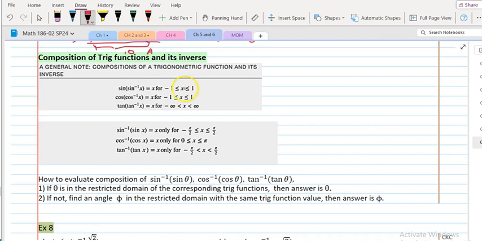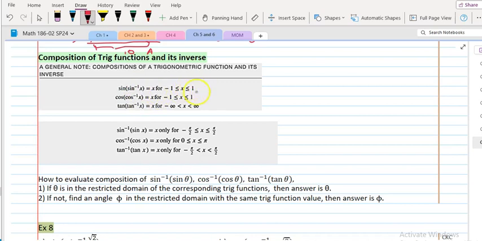But only if x is between 1 and -1, because that is the range of sine. If you have sine inverse of a number outside of -1 and 1, there's no real number. So you can't just blindly cancel them. You want to make sure that your input is between 1 and -1 for sine inverse or cosine inverse.